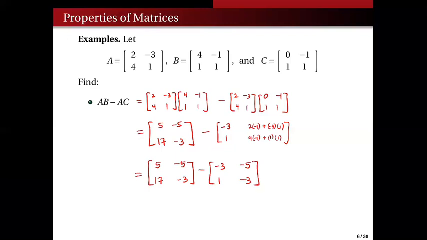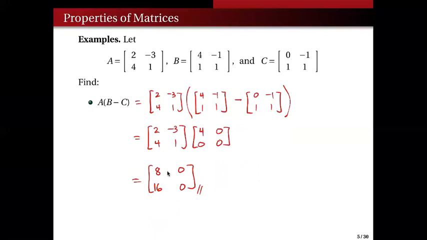So if we simplify this, we have 5 minus negative 3, that becomes 5 plus 3, and that's 8. You have here negative 5 minus negative 5, that's 0. Here 17 minus 1, that's 16. Then finally, you have negative 3 minus negative 3, that's 0. And observe, this is this guy here. Okay? 8, 0, 16, 0.